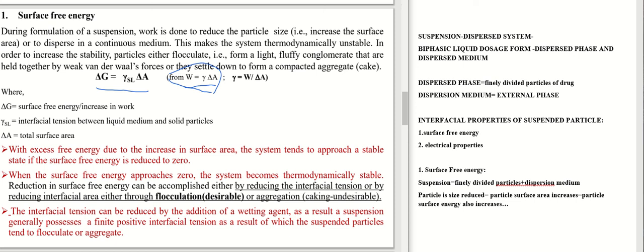Surface free energy, delta G, is equal to the interfacial tension that exists between the liquid and the solid. As we are considering a beaker with suspended particles, each suspended particle has an interface with a solid surface and surrounding liquid surface.